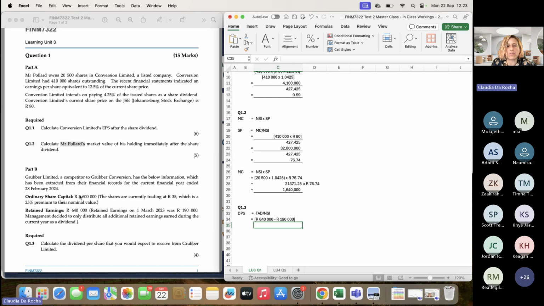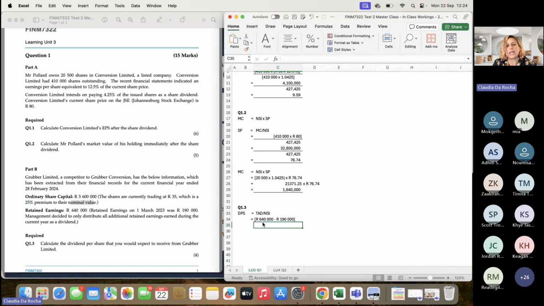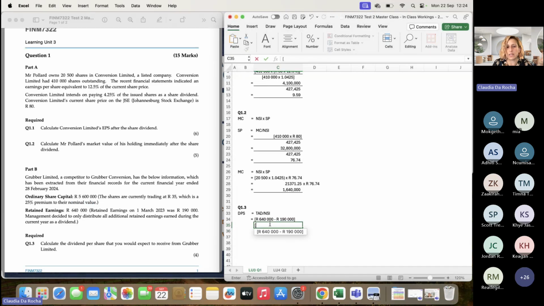So they've given us the value of the shares here. They've told us what the current trading value is and that there's a premium to the nominal value. So whenever we're dealing with number of shares issued, it's always based on the nominal value. There's also other terminology or aspects they're trying to test here.